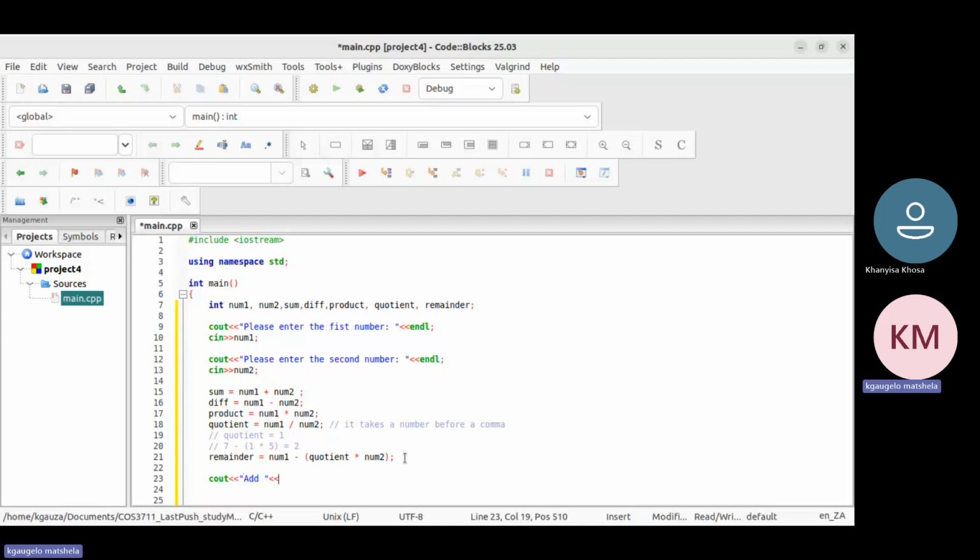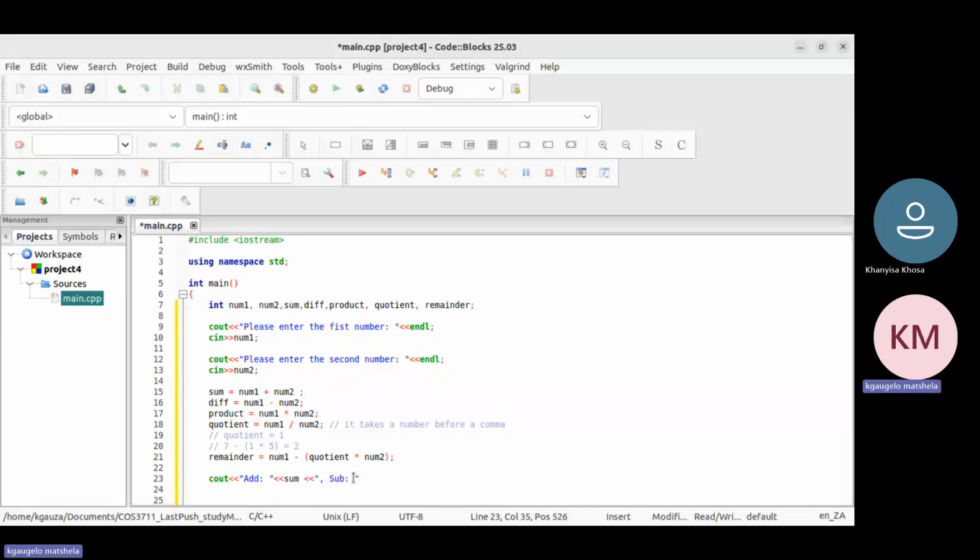Then we display the sum there, right? You can just put a comma to separate them. Then now have the one for the subtraction, and you can also put the colon there.